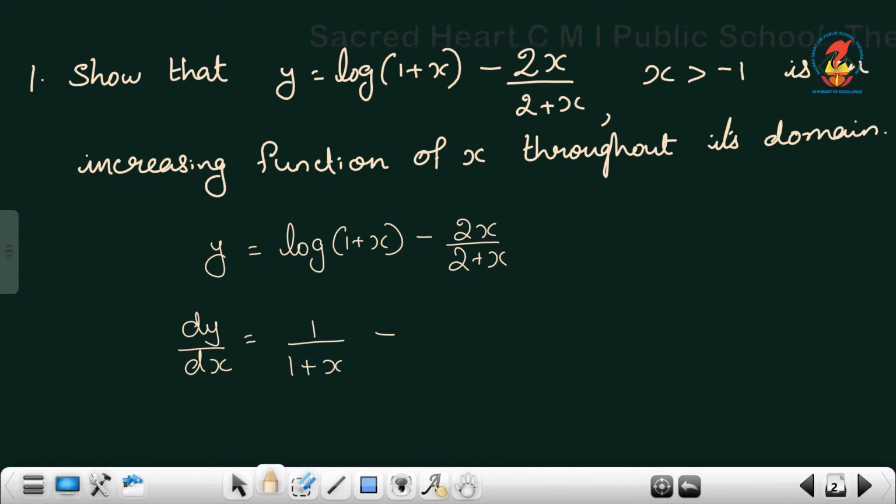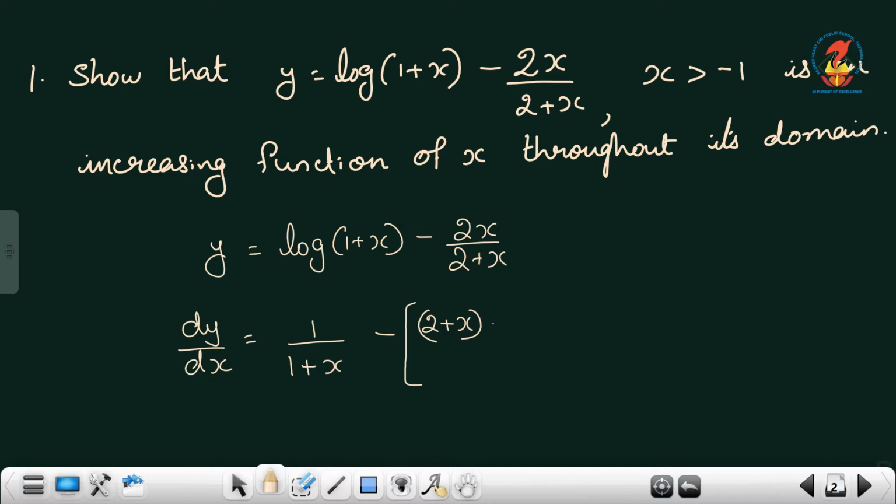Minus, this is 2x by (2 + x). So we have to use the quotient rule, d by dx of u by v. Put a bracket: denominator into derivative of numerator. Numerator is 2x.